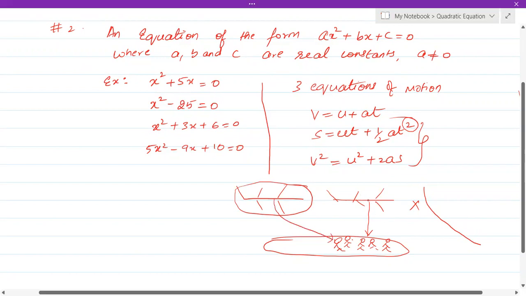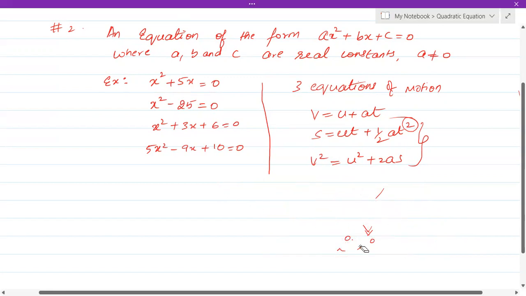If he releases at this point, it will not come directly like this. Instead, it will go something like this, therefore not reaching the person, isn't it? The same techniques are used in dropping bombs on a nation, which is a negative effect. Let's not discuss that. Let's use it for some emergency purpose like this. So quadratic equations have many applications.